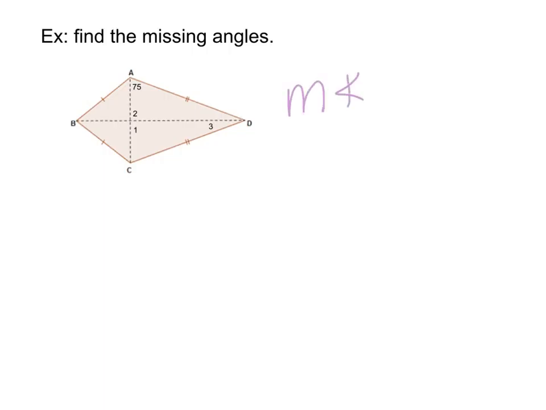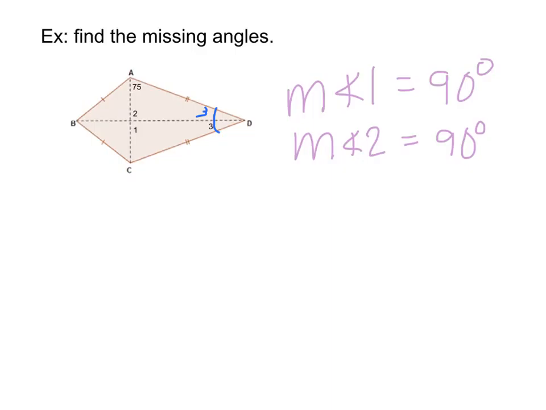The measure of angle 1 is equal to 90 degrees, and the measure of angle 2 is equal to 90 degrees. We still have to find the measure of angle 3. Angle 3, remember, down at the bottom of this kite, these two angles are split evenly by the diagonal. So really 3 can go here and it would be the same measure as the 3 where it's actually at.